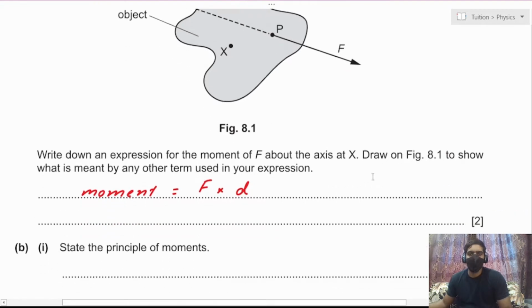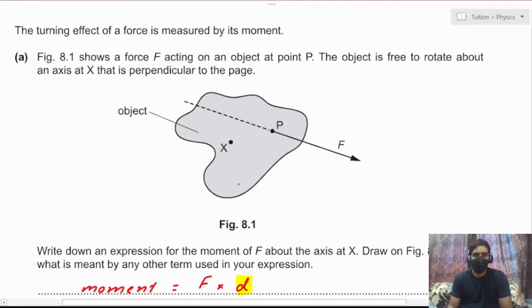That is the expression. Now on figure 8.1 show what is meant by any other term in your expression. So basically you have to define what you exactly mean by the distance d in that case. So it should be clear that whenever we use the distance in moment of force, then that distance refers to the perpendicular distance between the line of force, this is your line of force, and this is your axis of rotation.